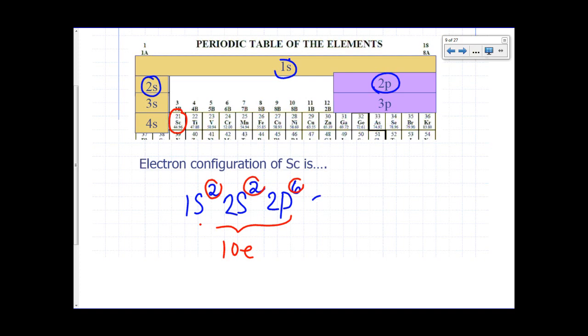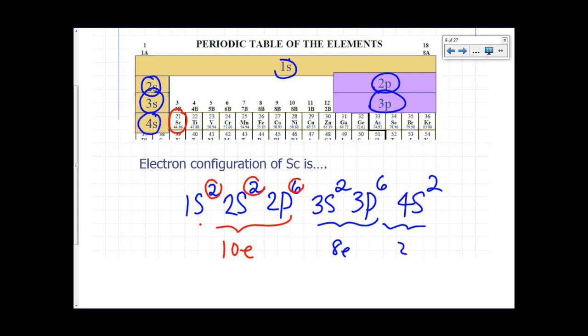So the next subshell that can hold electrons would be 3s. You put 2 electrons there. That makes 12. And then 3p, the most you can put in a p subshell is 6. So that takes care of another 8 electrons, or up to 18. After 3p, you put the next 2 electrons in the 4s.